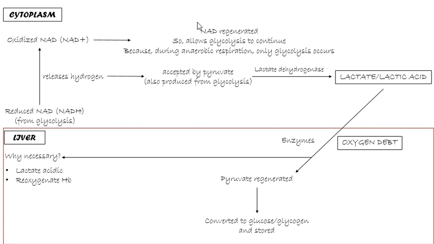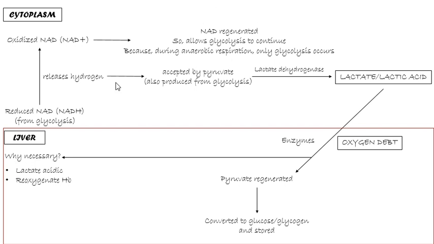So in short, NAD is regenerated so that it allows glycolysis to continue, because during anaerobic respiration only glycolysis occurs, and its inhibition would mean that ATP synthesis would not be possible.